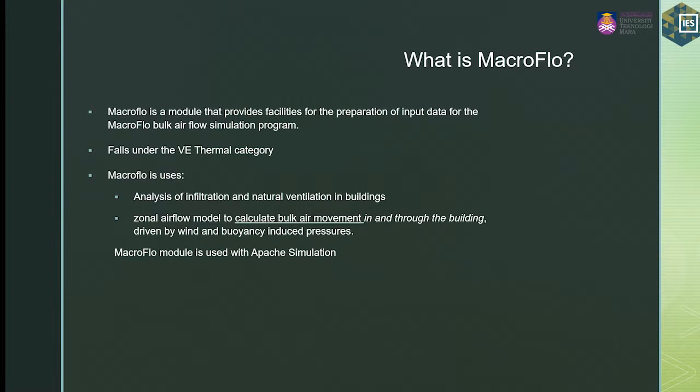It uses a zonal airflow model, so you have different zones, and it uses the building as a model to run the simulation, and it calculates bulk air movement in and through the building. So this is good for understanding the natural ventilation, the air movement in and out of the building, and it focuses on the wind and also the buoyancy induced pressures.